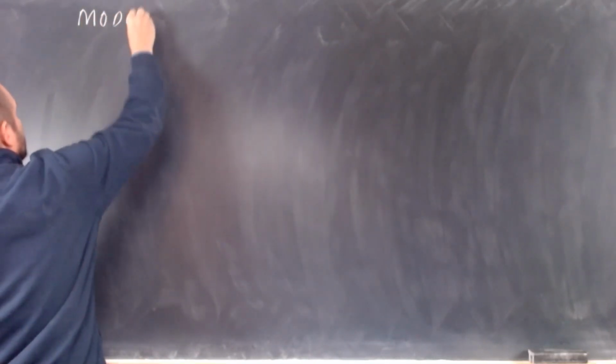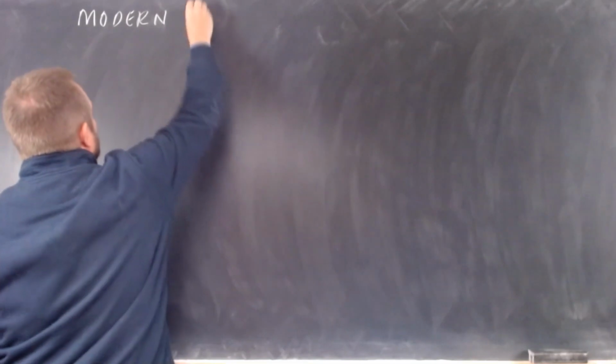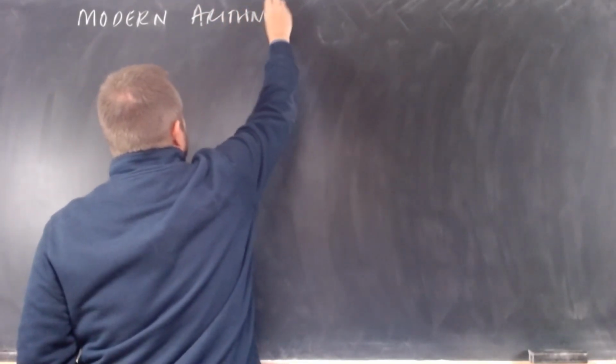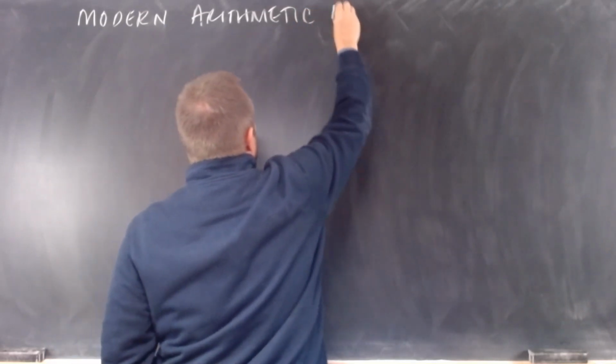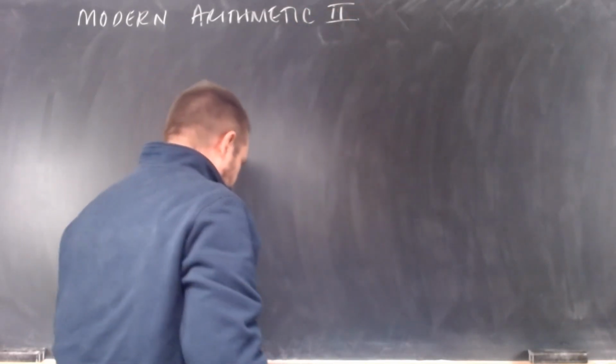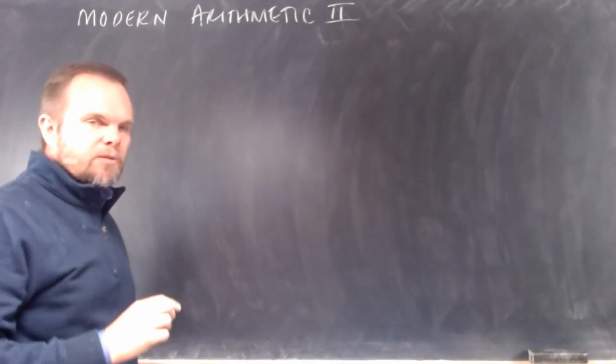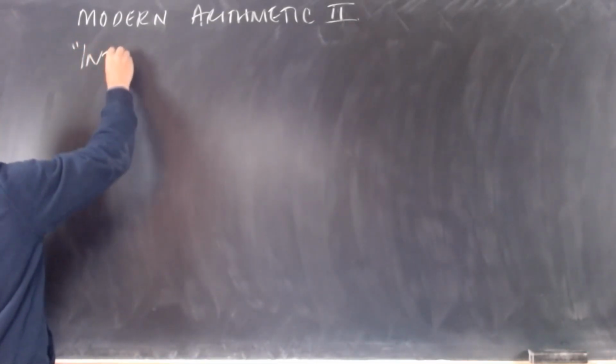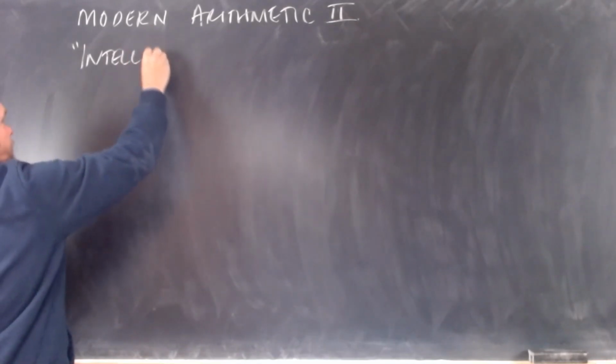So in Modern Arithmetic 2, if you look at your textbook, you'll see that the title of this textbook is Intellectual. Copy this down.